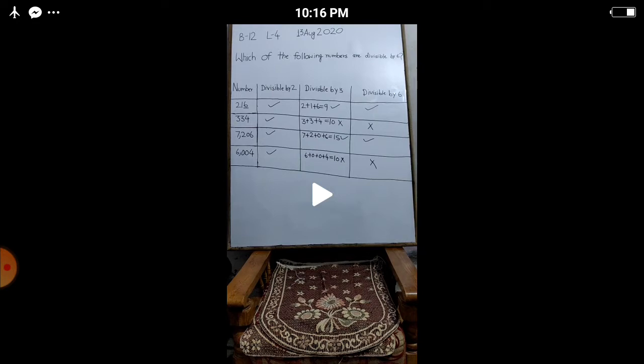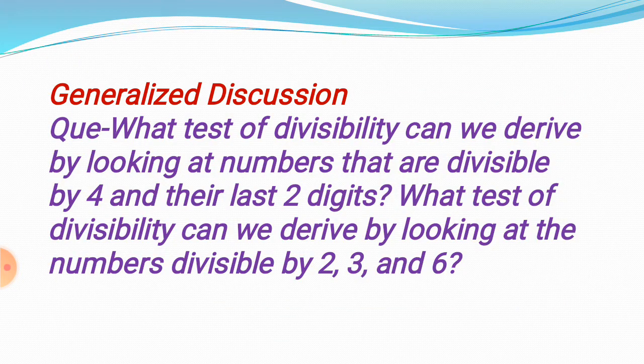So children, I hope you understand the divisibility rules of 4 and 6. Now the question: what test of divisibility can be derived by looking at numbers divisible by 4 and their last two digits? And what test can be derived by looking at numbers divisible by 2, 3 and 6?